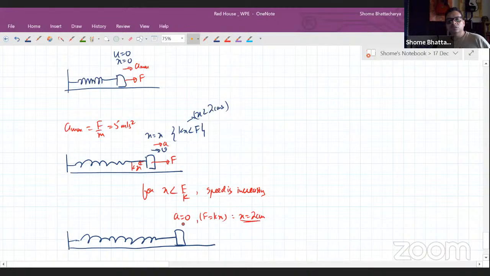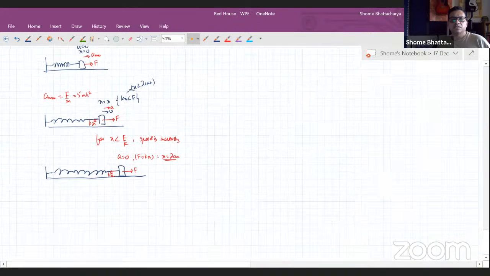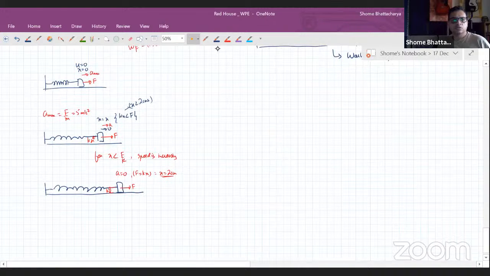So at x equal to 2 centimeters, momentarily the acceleration is 0 because these two forces are cancelling each other. Okay. Now what happens after this is that, now see, you might say if the force is 0, acceleration is 0, why is the block going further? Because it already has momentum. See, it's already got some velocity because from here to here the speed is increasing continuously.